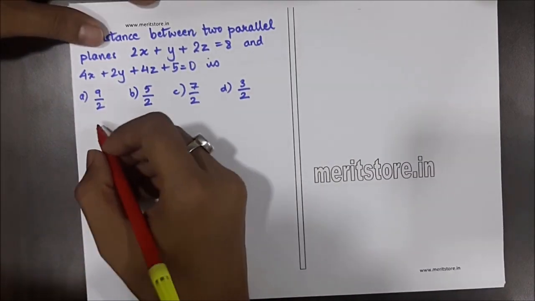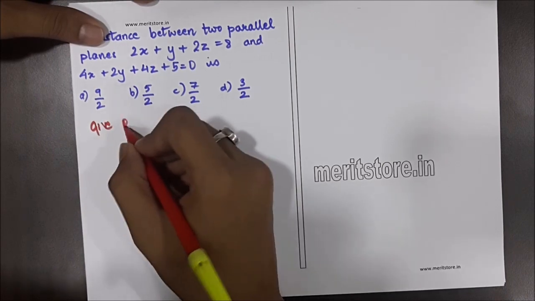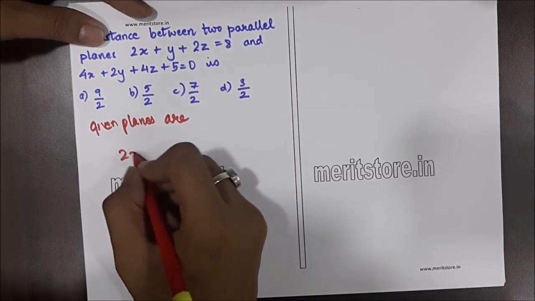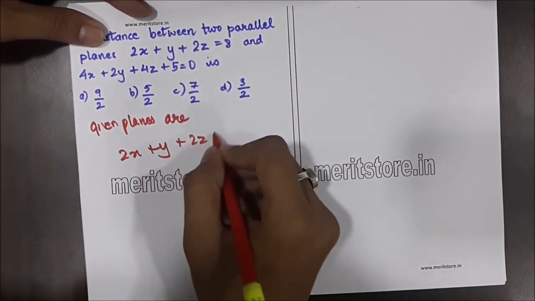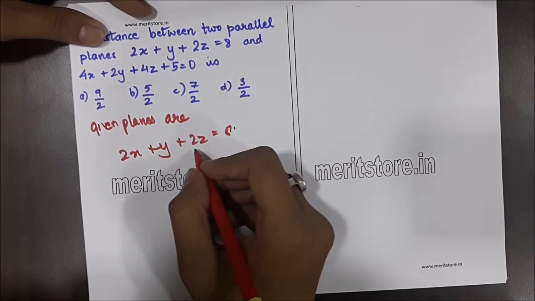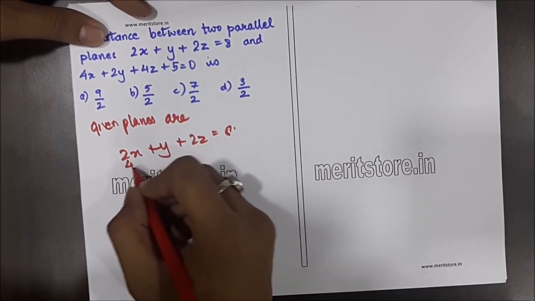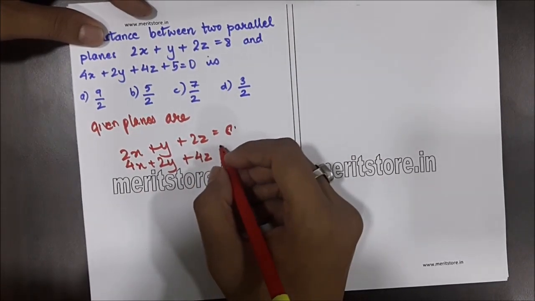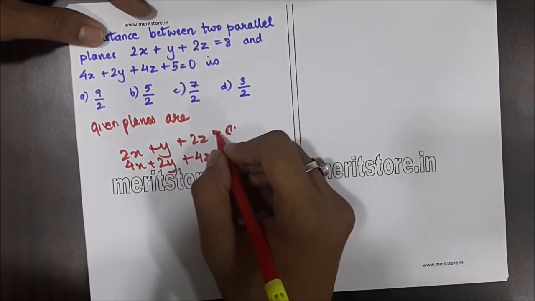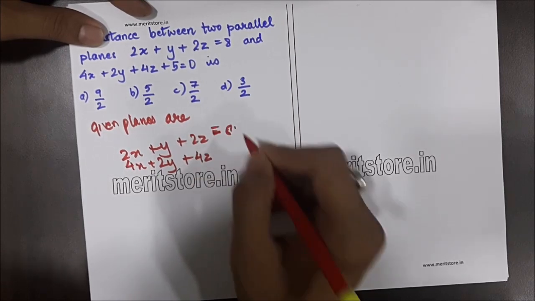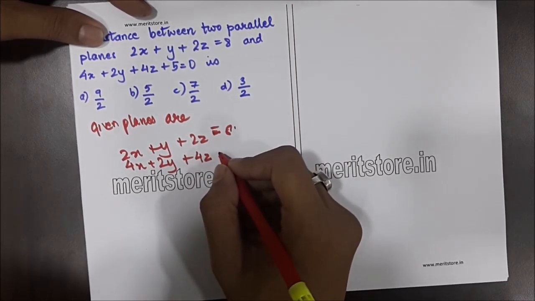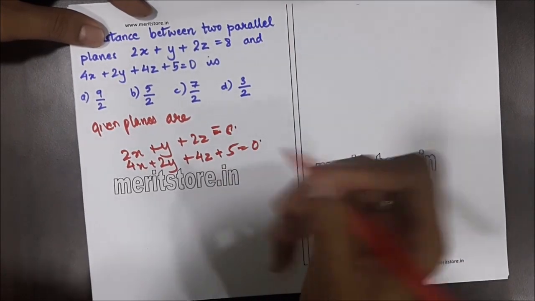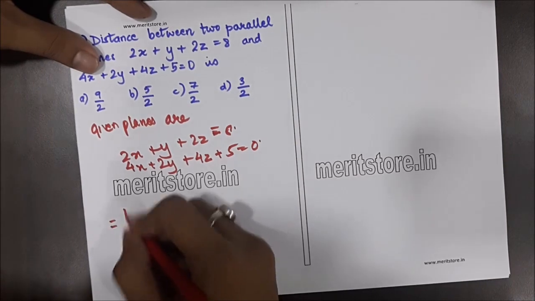Now solving them, we get that the given planes are 2x plus y plus 2z is equal to 8 and 4x plus 2y plus 4z plus 5 is equal to 0. The distance between two parallel planes is given by the formula.